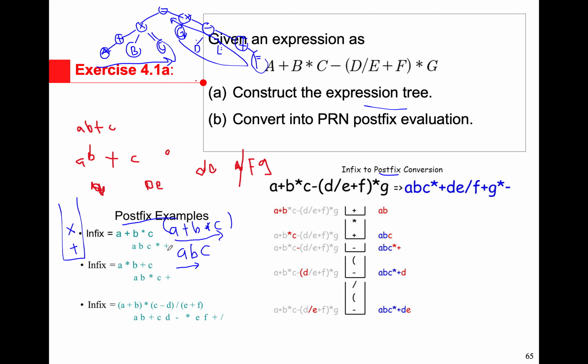So you're going to go to first, this will come out, and second, this will come out. So that's you're going to get if you have infix of A plus B multiple with C, you get A, B, C multiple and plus. Same like this.